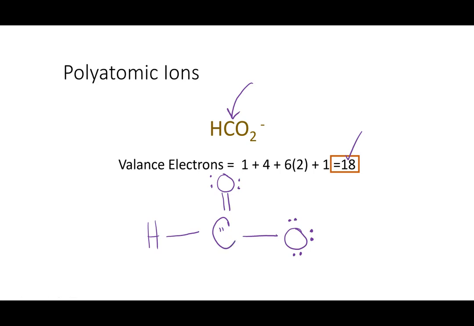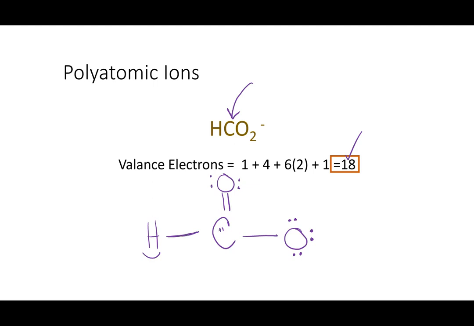Let's make sure that we still have 18 electrons on the paper. 1, 2, 3, 4, 5, 6, 7, 8, 9, 10, 11, 12, 13, 14, 15, 16, 17, 18. So I still have 18 electrons on the paper. Now let's see if everybody's happy. Hydrogen is happy with a duet. He has 2. He's good.